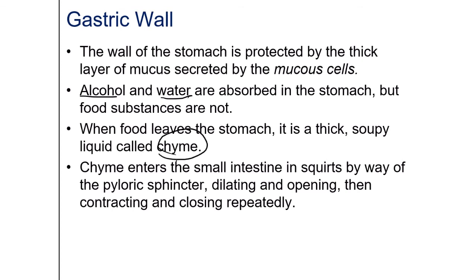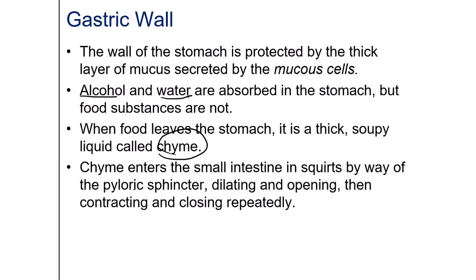We mentioned this earlier, and the pyloric sphincter will open and close repeatedly to help squirt the chyme into the first part of the small intestine, the duodenum. By this you can regulate how much is going to go forward.